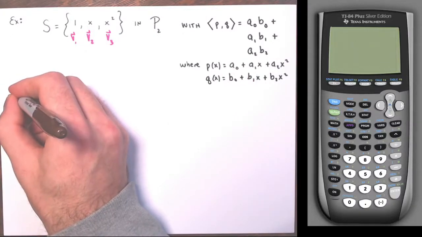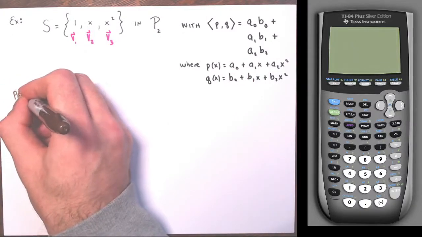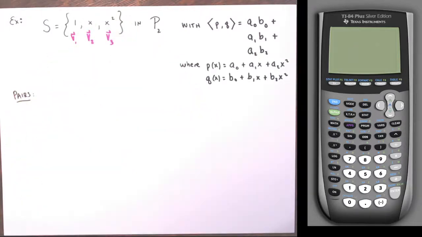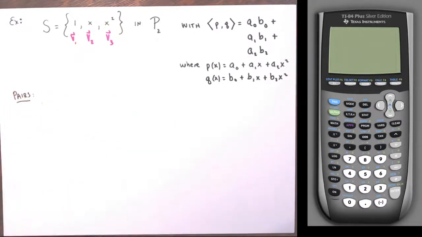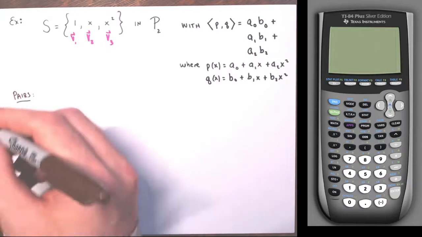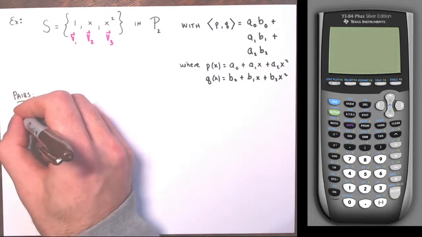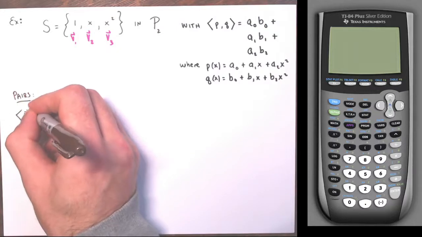As with the first example, there are only three vectors in this set, so there are only three pairs I need to check. And I might not even do all of them if I find an inner product that's not 0, like the last example. So what's the inner product of V1 with V2?